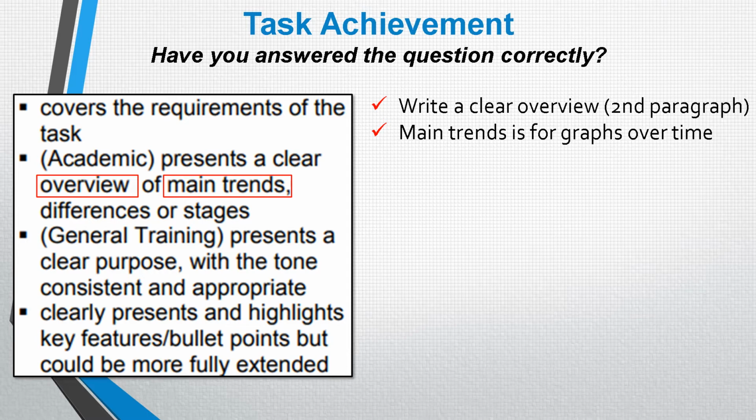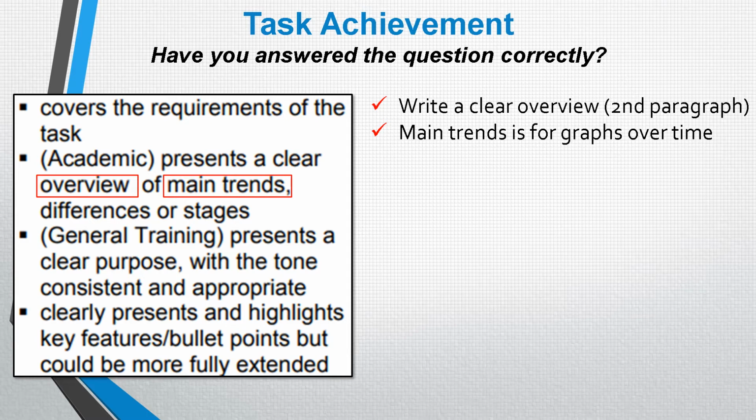Now, it also asks to write an overview of main trends, differences, or stages. So, which of those are we going to write about? Well, if the data is over time, as in the line graph we've been looking at, then we're going to write about the main trends of that data over time.